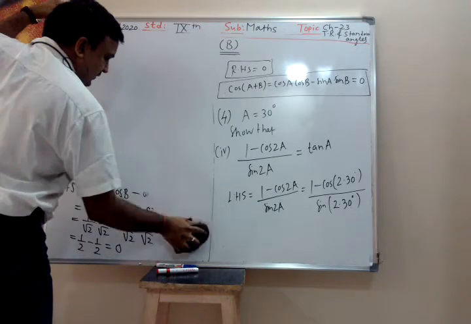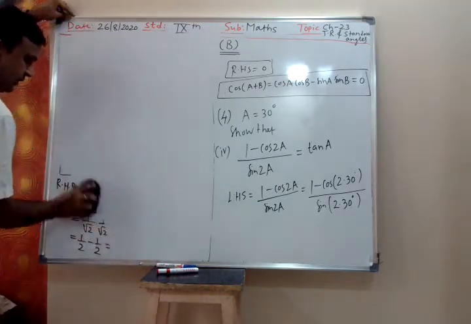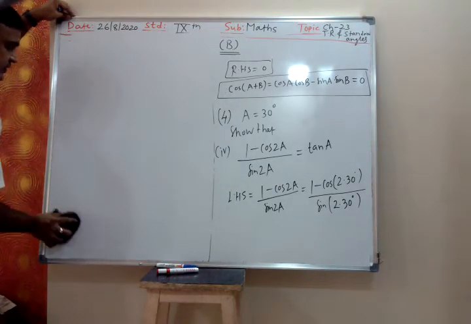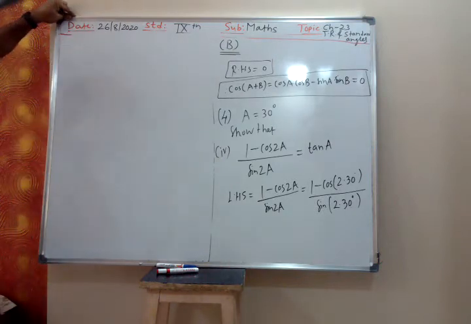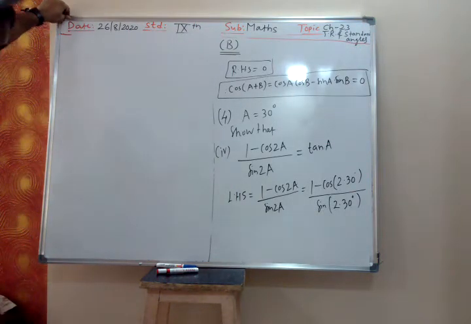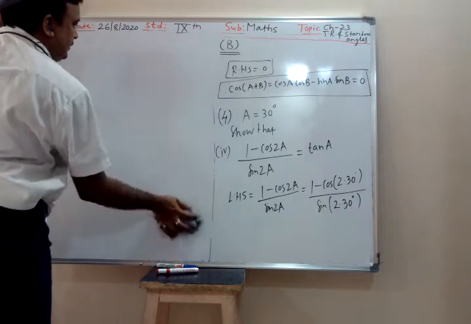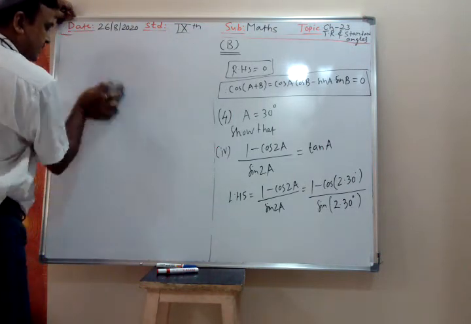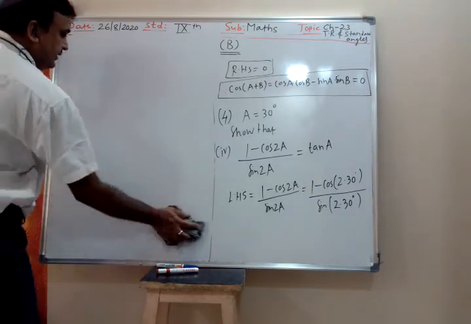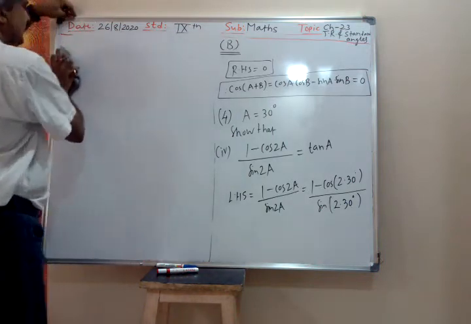A is 30 degree. So left hand side is 1 minus cos 60 degree upon sin 60 degree. 2 into 30 is 60.